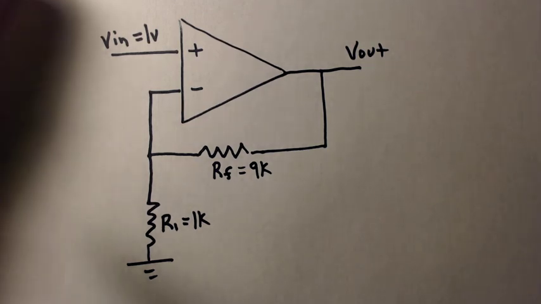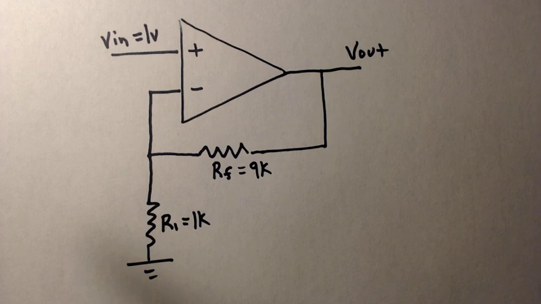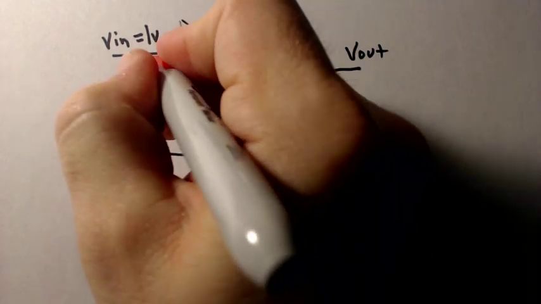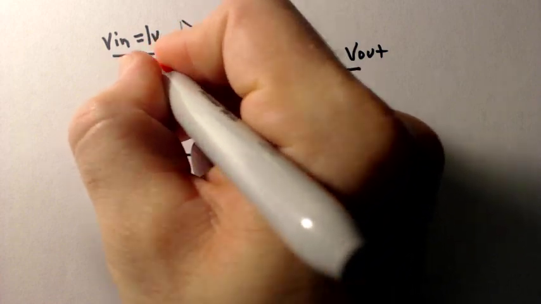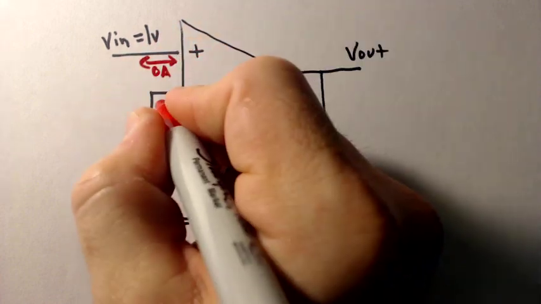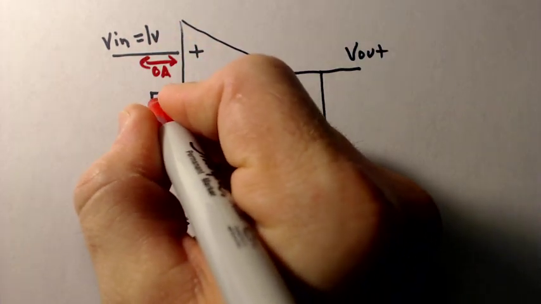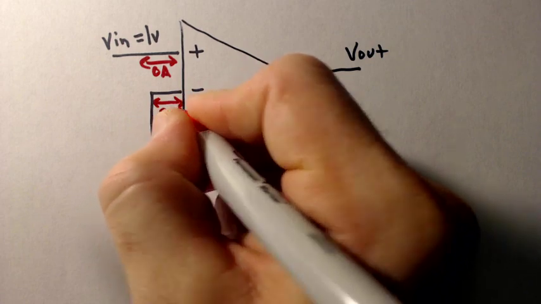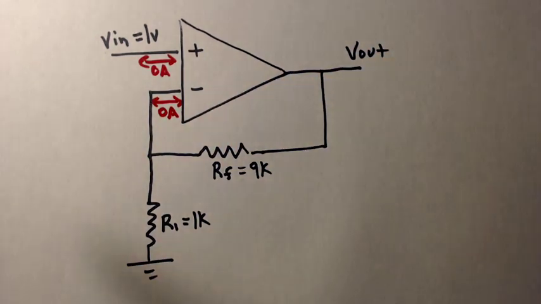Rule number 1, no current in or out of these inputs. This has 0 amps. This has 0 amps. All right. Okay, rule number 1. Didn't really help us there. All right, rule number 2.